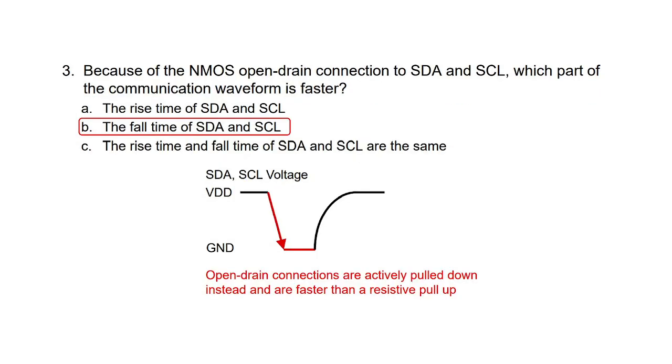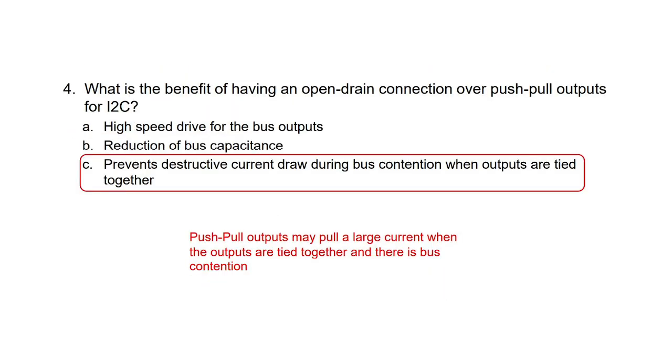And because of the NMOS open drain condition on SDA and SCL, which part of the communication waveform is faster? Fall time is faster. See here, fall time is faster, but rise time is taking some amount of time. So fall time on SDA and SCL is faster in the open drain condition.